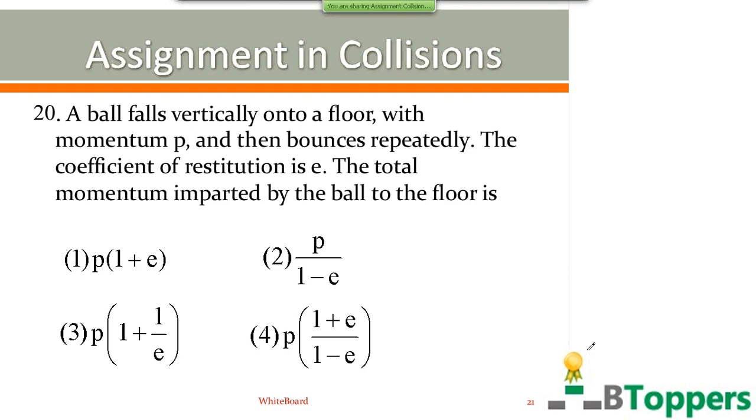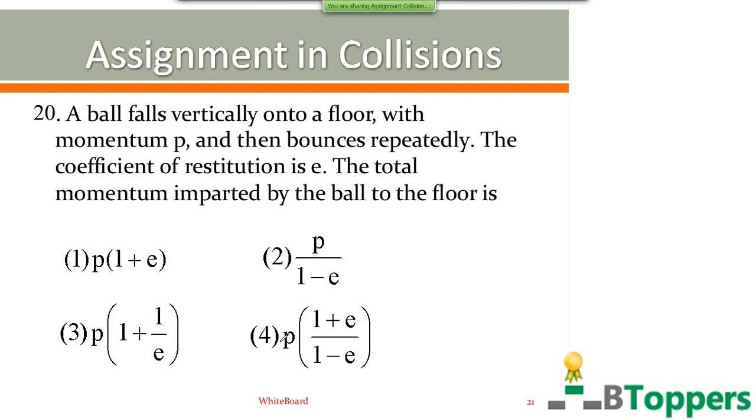I have taken one separate class for one special case. I have discussed one special case in one of the previous classes in collisions, where a ball is dropped from a certain height onto a horizontal floor. And I have given you the list of the conclusions along with explanations. And that is the last conclusion I have given.